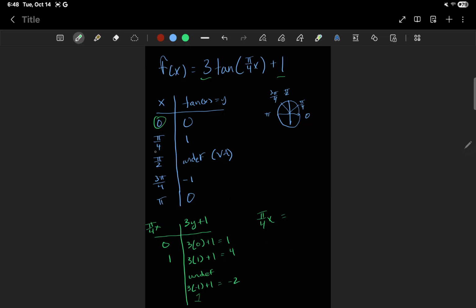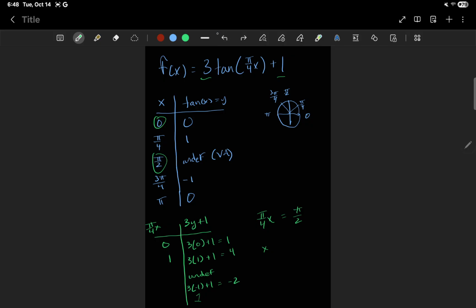The next value, pi over 4x is equal to pi over 2. Divide by pi over 4, the pi's cancel. We get x is equal to 1/2. Excuse me, it's equal to 2. I guess if I made a mistake, I should show you the algebra for it.